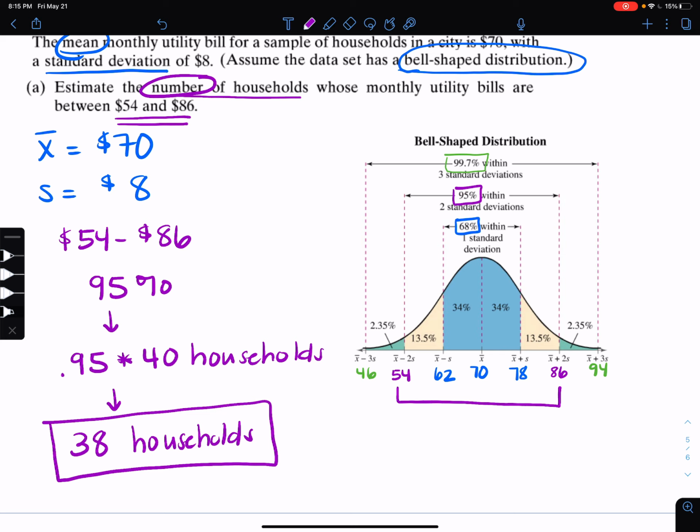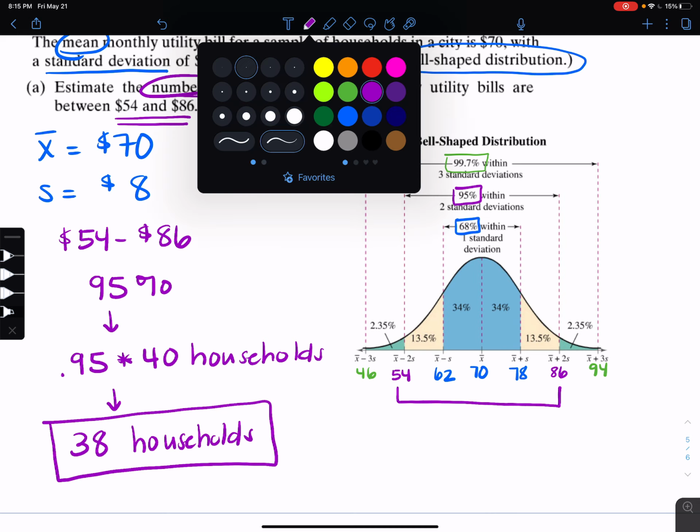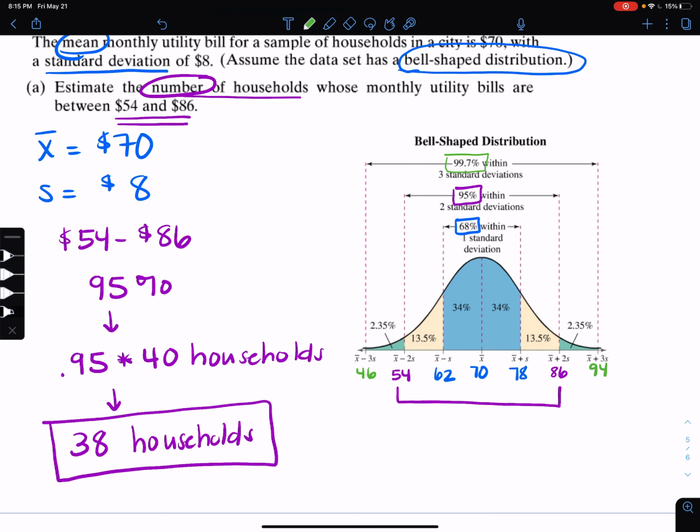Okay, and it works the same for each one. So if the question had said between 46 and 94, I would have said, well, that's 3 standard deviations. I would have changed this to 99.7%, and then I would have applied it to the sample size the same way.